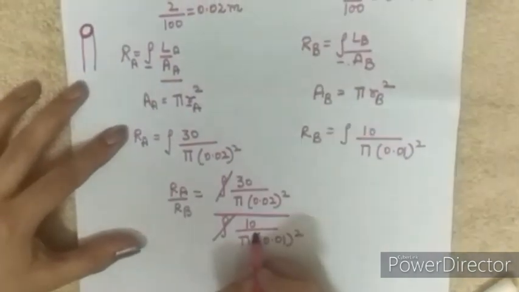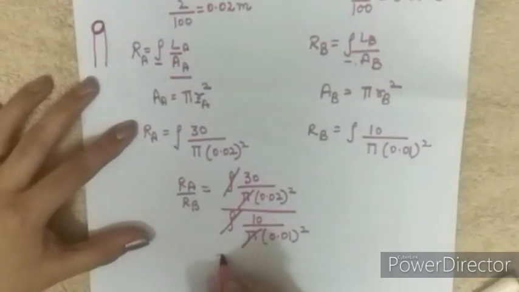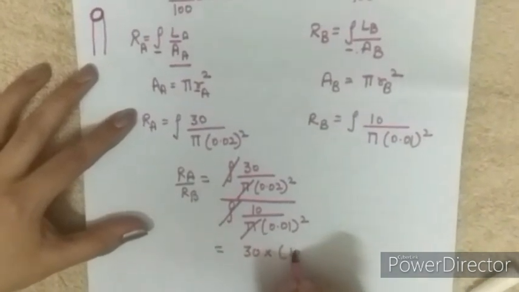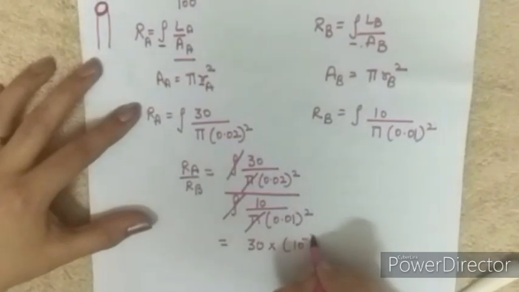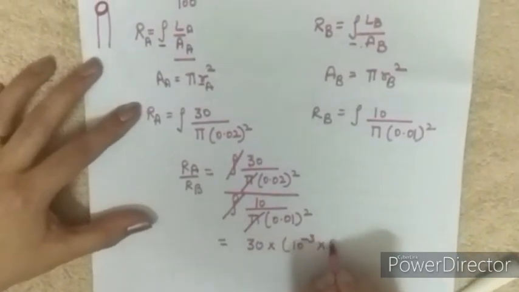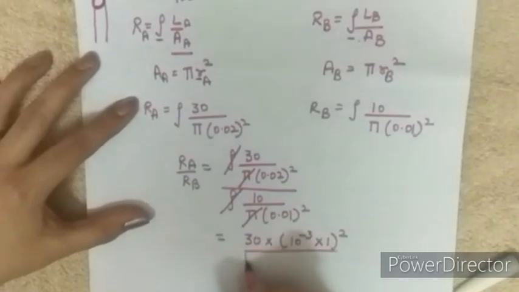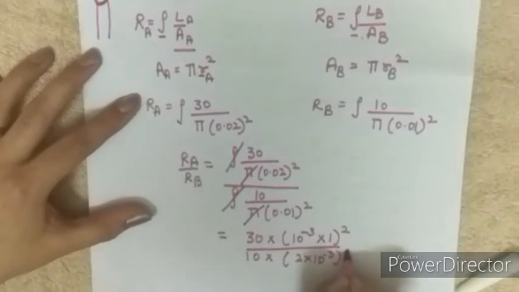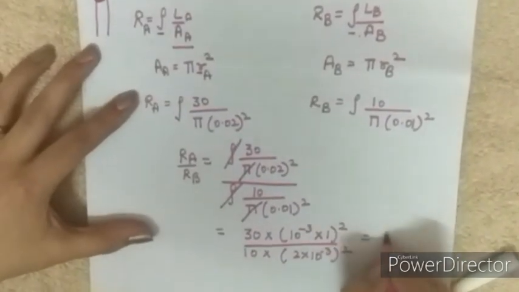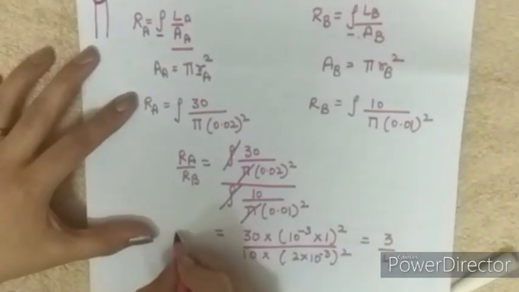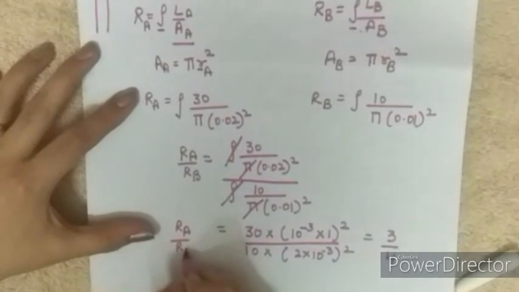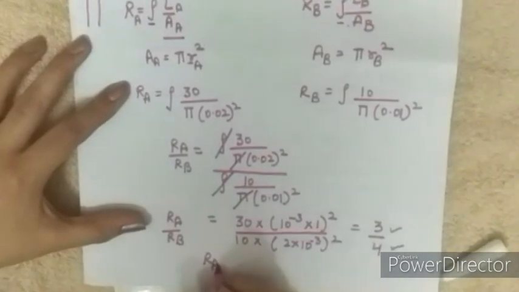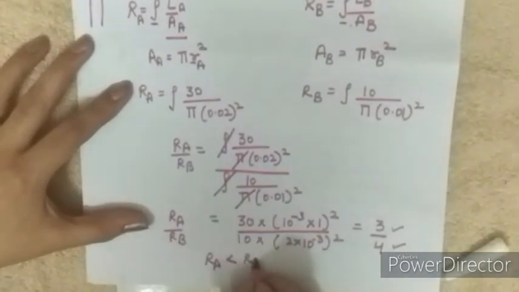Rho will cancel out, pi will cancel out with each other, so we are left with 3 into 10 to the power minus 3 into 1 square, and 10 into 2 into 10 to the power minus 3 whole square. So we are left with 3 upon 4. So RA upon RB is equal to 3 upon 4, which shows that the resistance of wire A is less than the resistance of wire B.